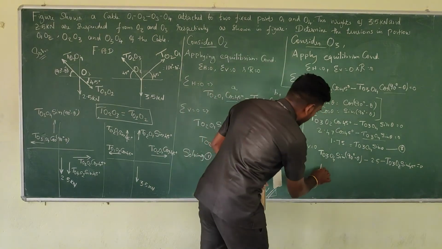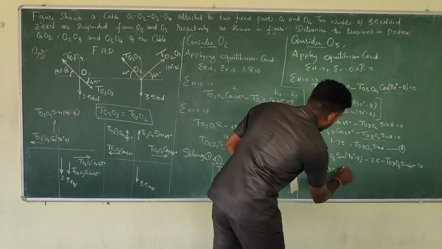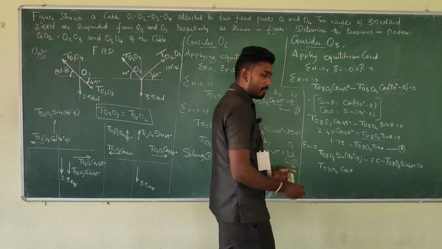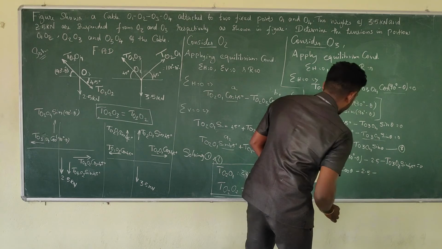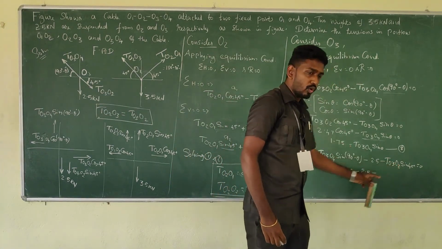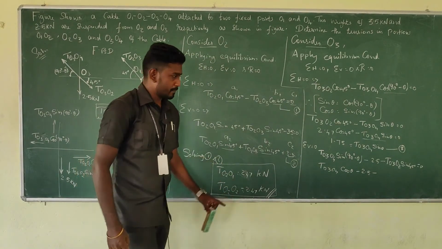So T O3 O4 cos theta minus 2.5 minus, we know T O3 O2 carries the value 2.47, right?